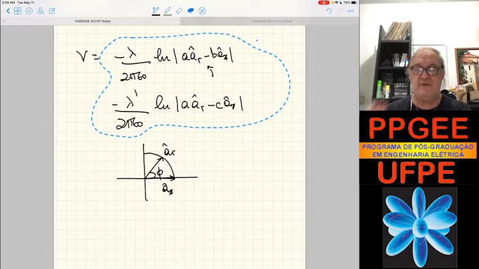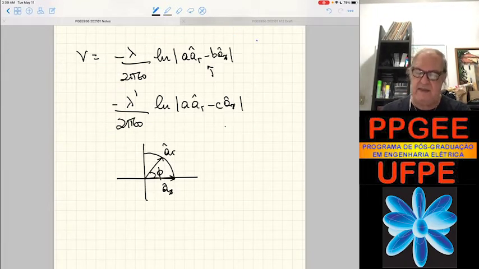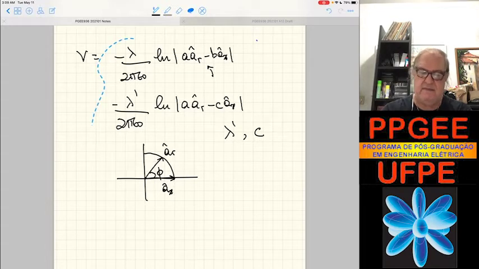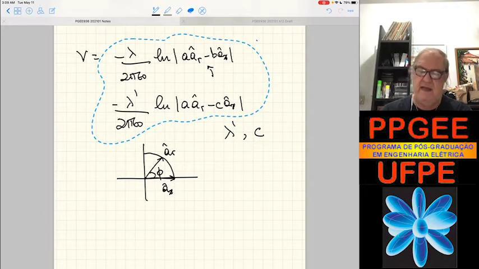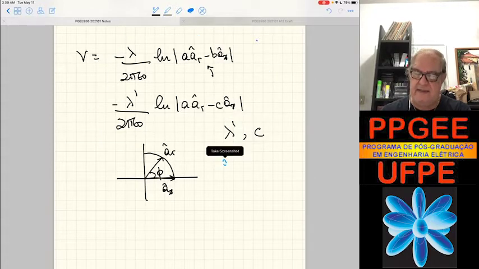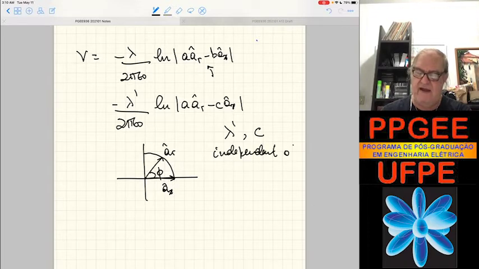That's all we have to do, okay? And the way to determine lambda prime and its location is to impose that this function is constant. This function is independent of phi.